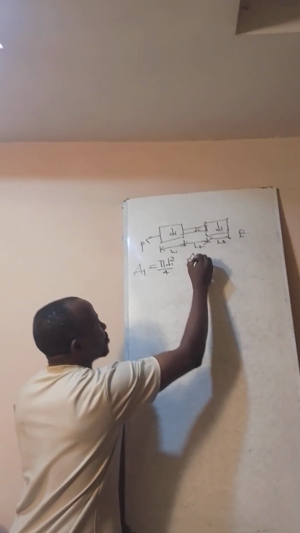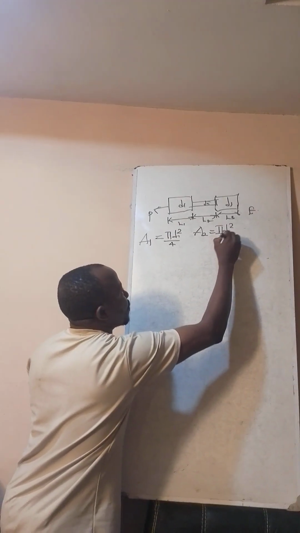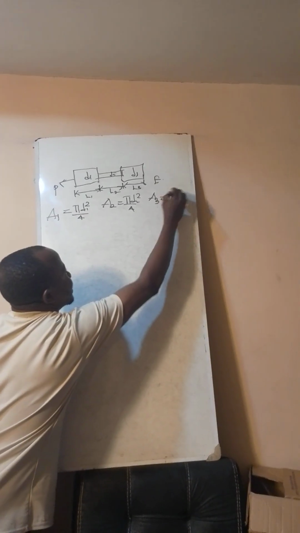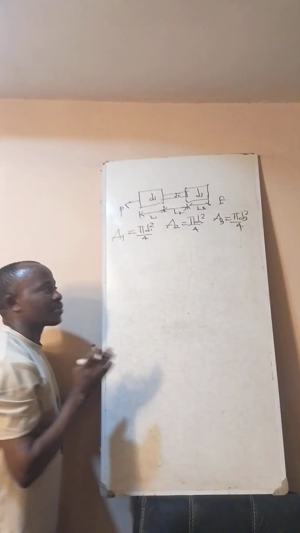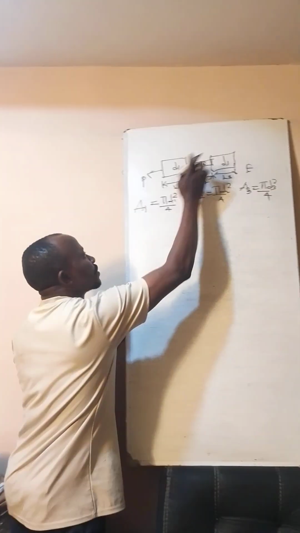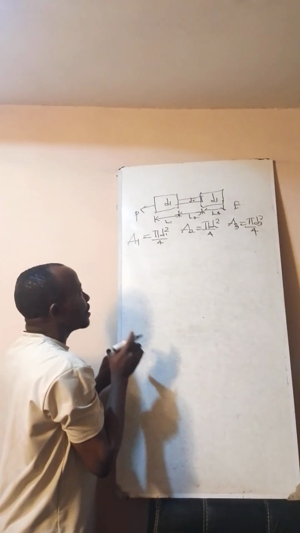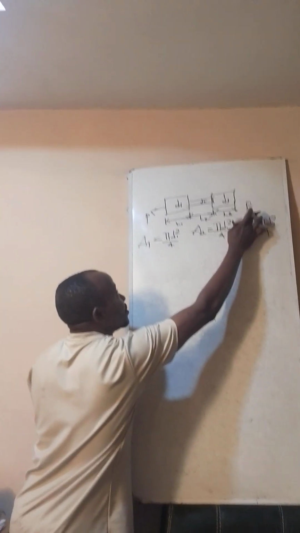For the second section is πd² all over 4. For the third section is πd² all over 4. So this is the area computation. To get the cross-sectional area of each section of this steel bar, there is the formula to apply. The next thing, the Young modulus is provided as a constant value.